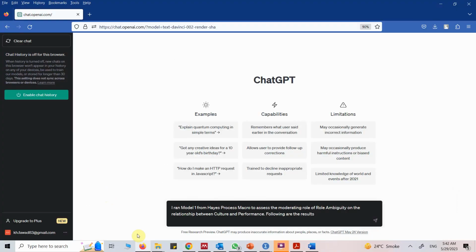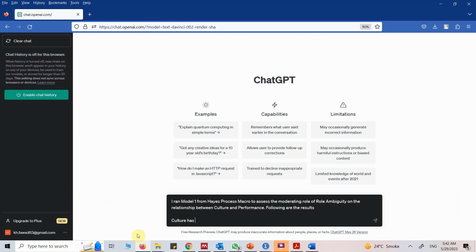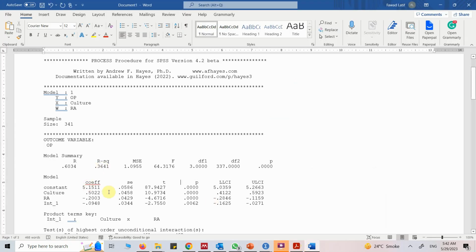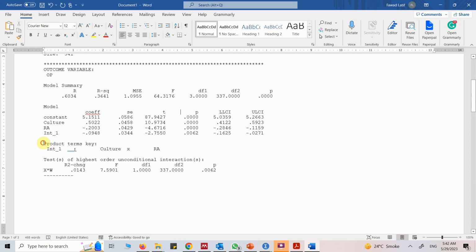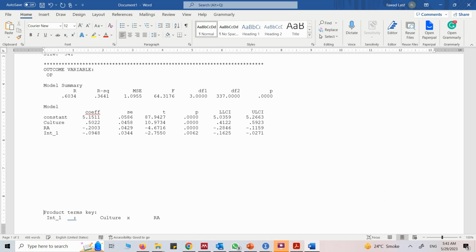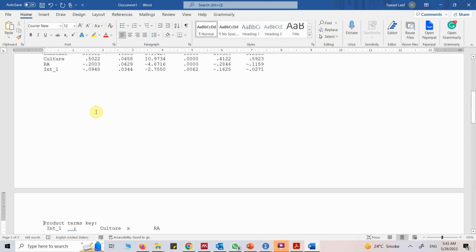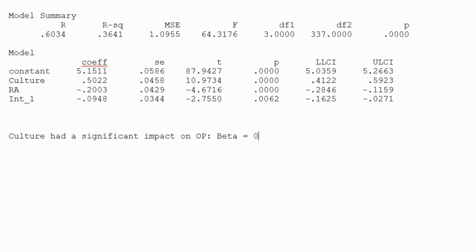Now, culture had a significant impact on OP. The beta is equal to, what was the beta value? So let me write them here, it's much easier. So beta value was 0.5022, comma p is equal to 0.000.